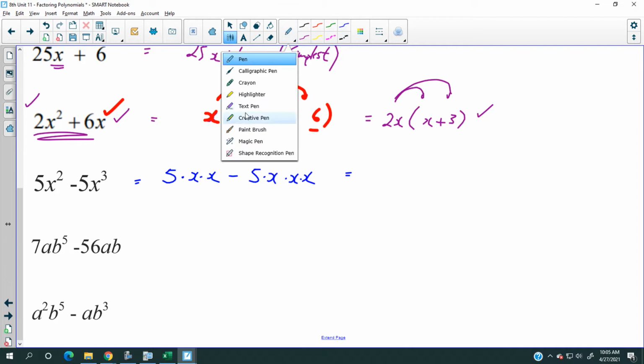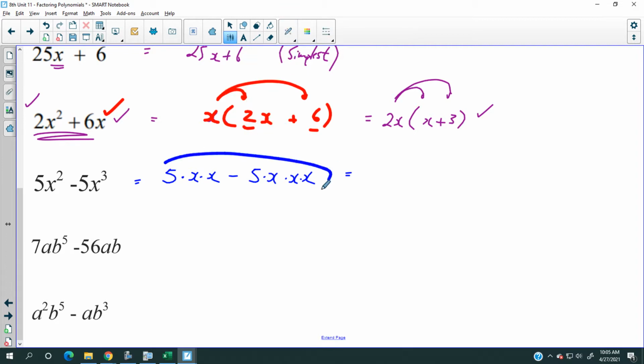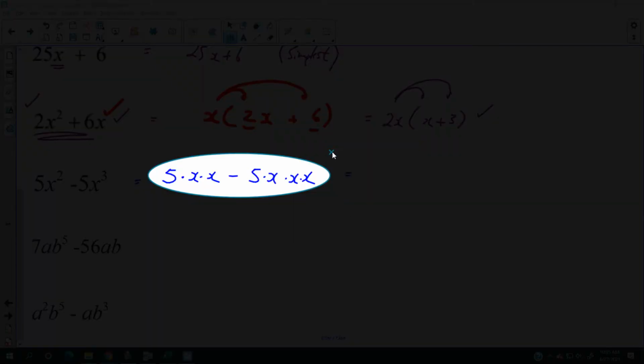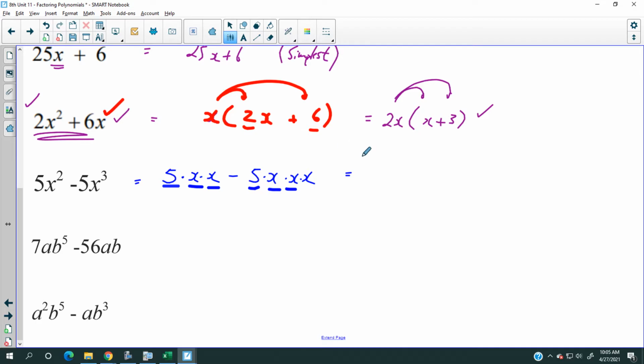So now, focus on this, right? What do they have in common? Yeah, not just the 5, but 2 of the x's, not just 1, 2 of the x's. Okay, so that's it. So now we got the 5, but 2 of the x's, which means x squared, parentheses.